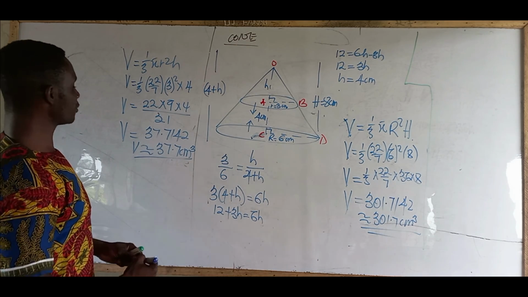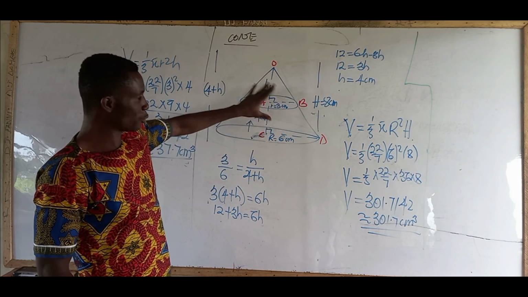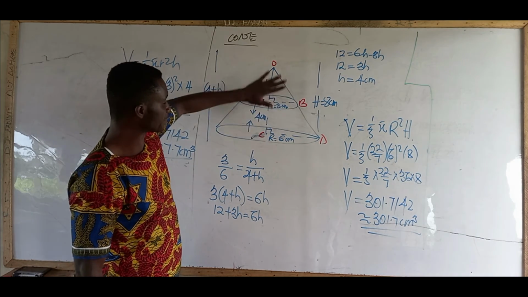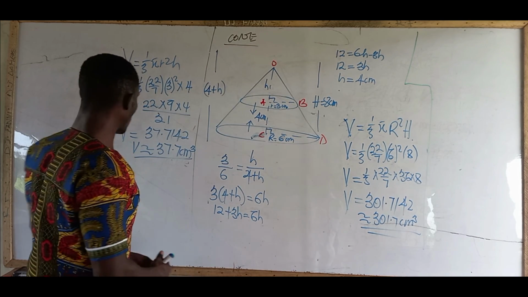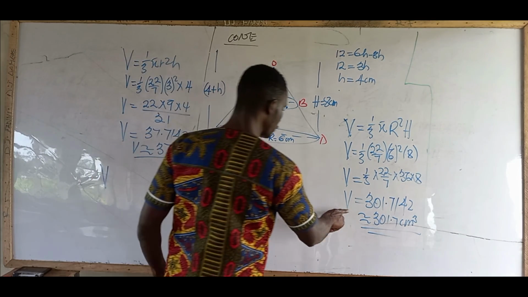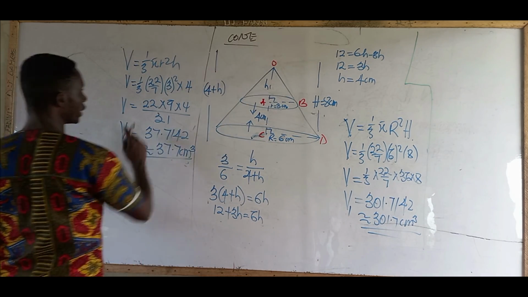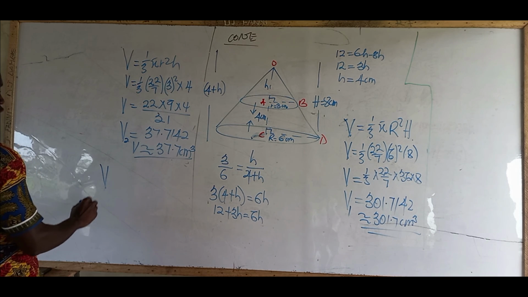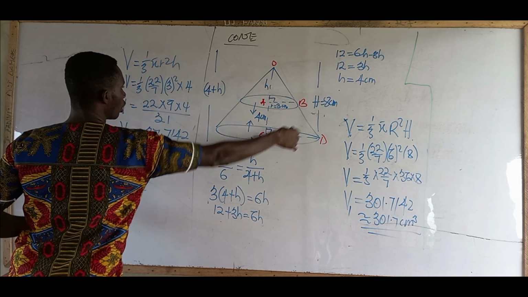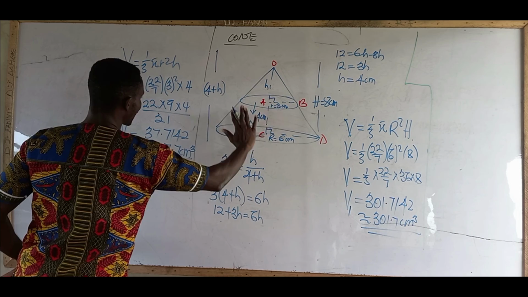So now, if you are asked to calculate for the dam, if it is water that is filled or sand, and you are asked to calculate for that part that has been filled, let's say the original cone is V1 and the top part of the cone is V2. It should be V1 minus V2, which will give the volume of the water, or any object at all, that remains.